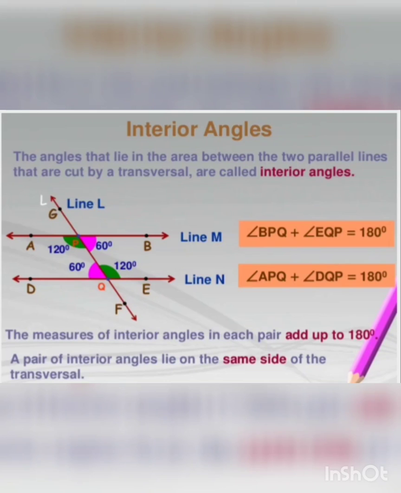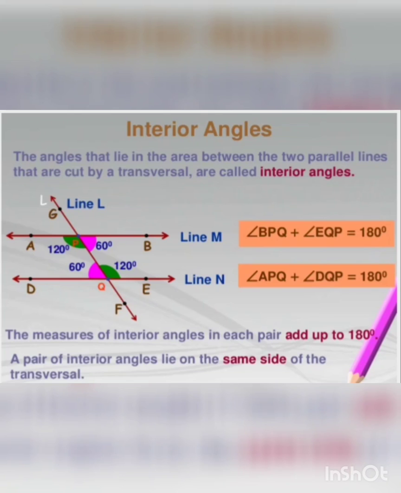Interior angles. The angles that lie in the area between the two parallel lines that are cut by the transversal are called interior angles. So children, if you observe here, 120 degrees and 60 degrees, that is angle BPQ plus angle EQP is equal to 180 and angle APQ plus angle DQP is equal to 180 degrees.